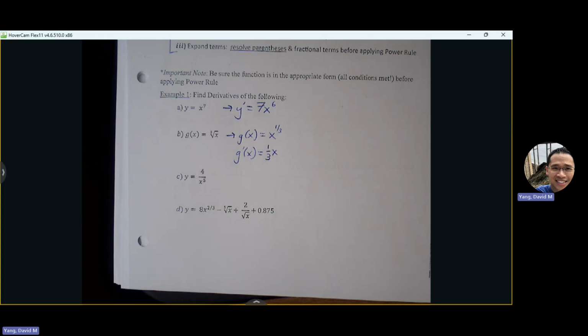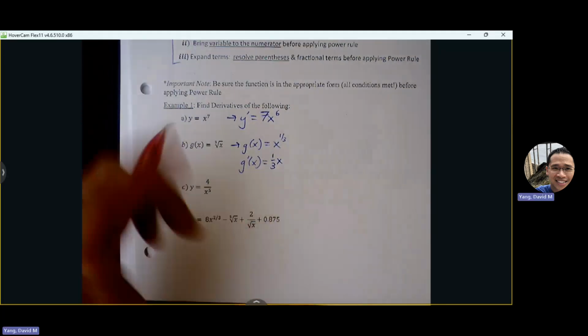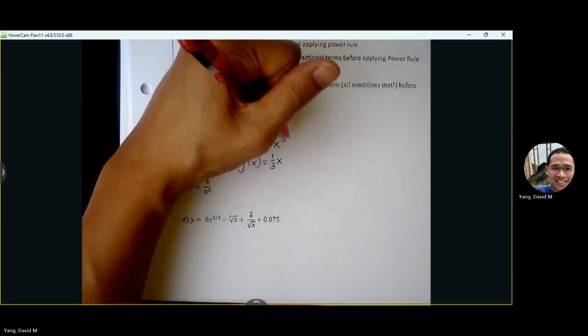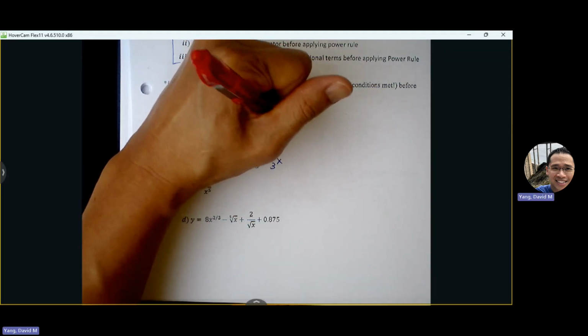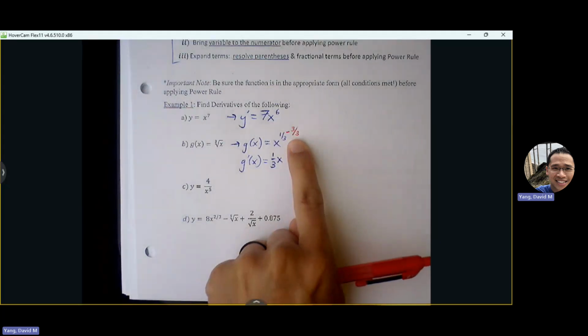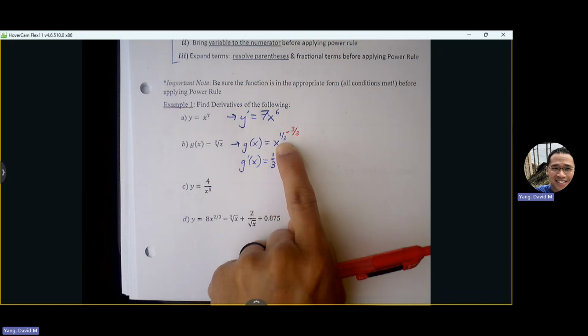Okay, 1/3 comes down. What's my new exponent going to be? What happens if I subtract 1 from 1/3? Negative what? Yeah. So I'm going to put a -3/3 as a reminder that when I subtract 1, I have to match the denominator here. So 1/3 minus 1 is the same thing as 1/3 minus 3/3.